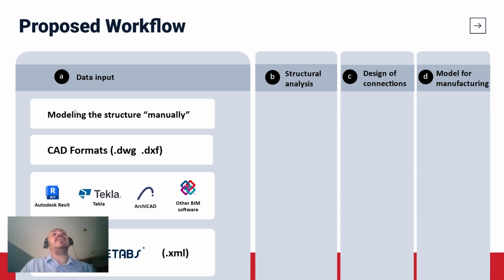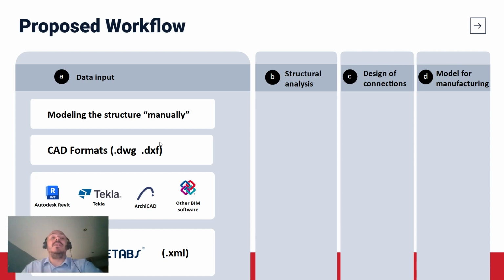I've simplified here by using the word manually with the idea that you don't have the geometry of the structure. You want to introduce this geometry using Cype. So this is the first option that we have.